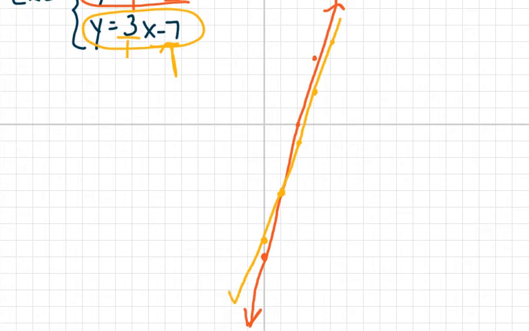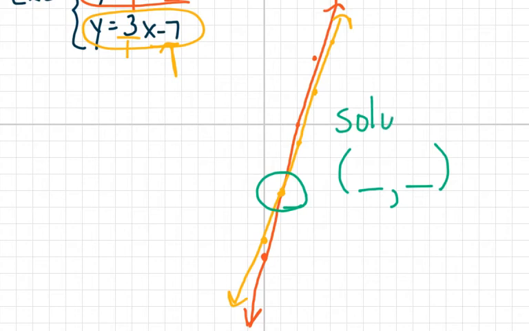But you should see where they intersect. The solution is where they intersect right here. And so your job is to fill in the values of the solution. So I'm going to ask you to write in the solution on the Google form.